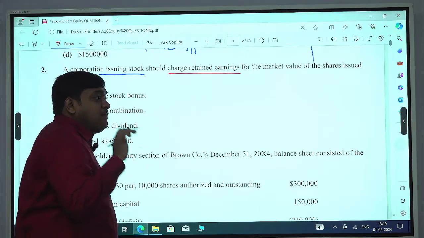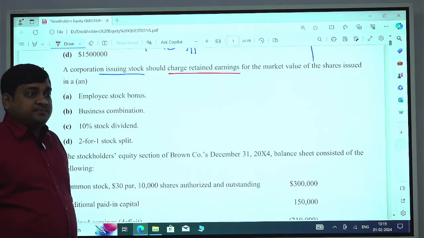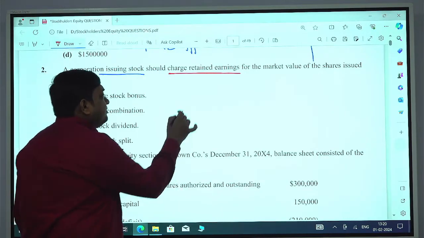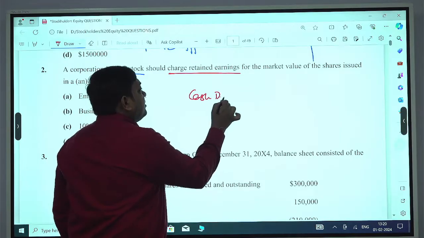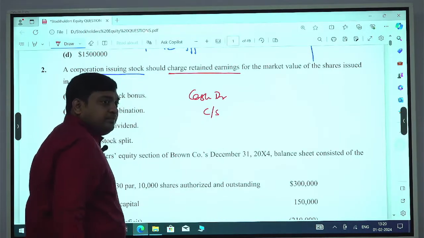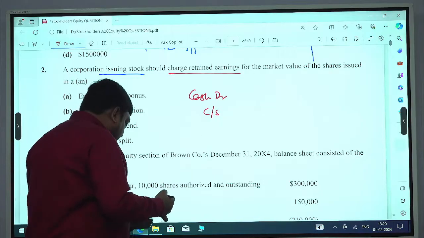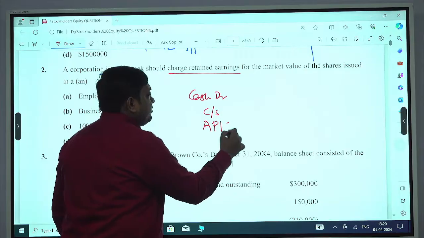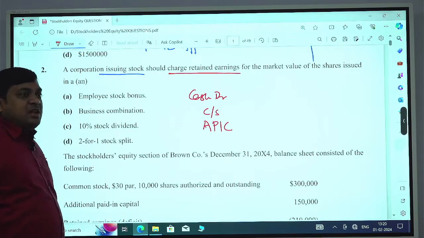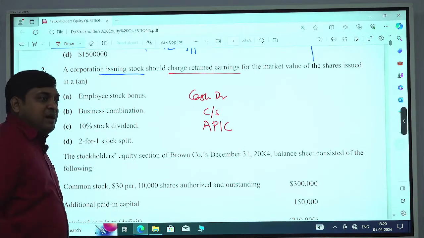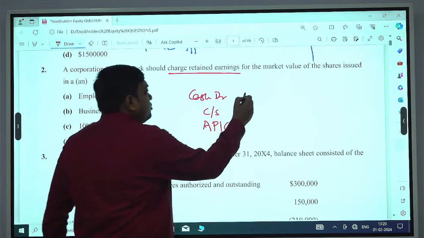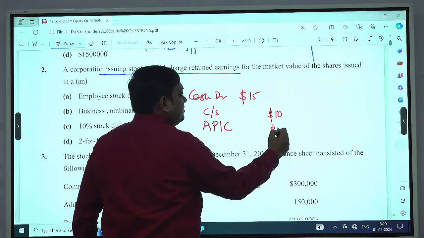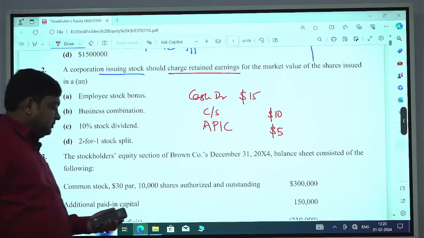If I am issuing shares for cash, what is the entry? Cash debit, common stock, and if it is issued at more than par value, additional paid in capital. So this is $15, this is 10, this is 5.